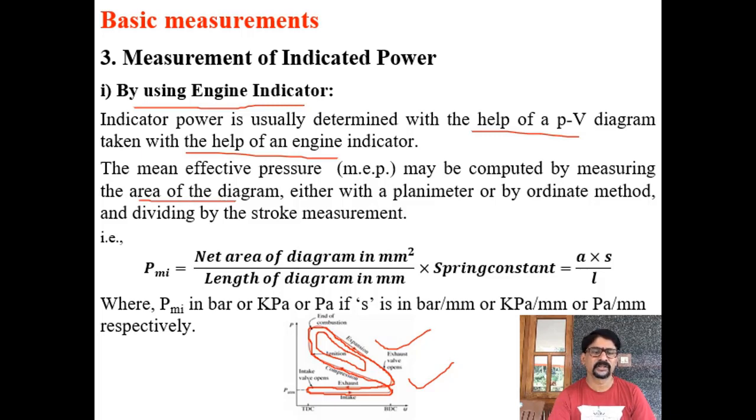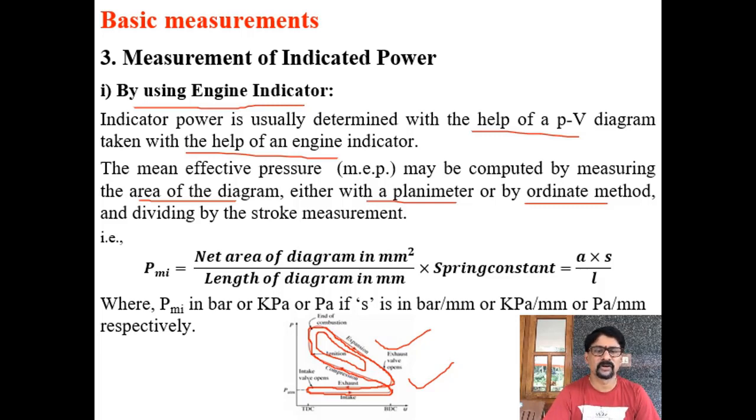For that you can use a planimeter or the ordinate method. You split the indicator diagram into small areas and calculate the total area, or if you use a device called a planimeter, you directly get the area of the diagram.